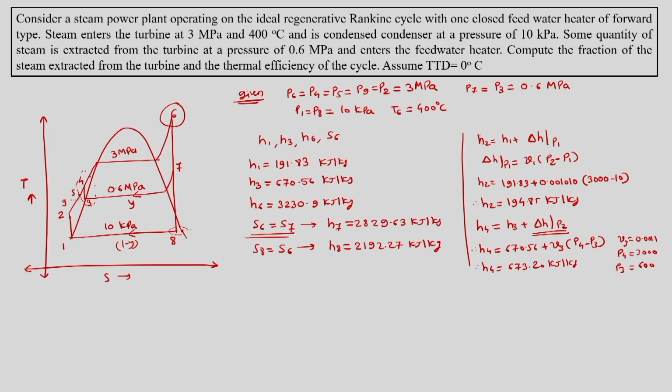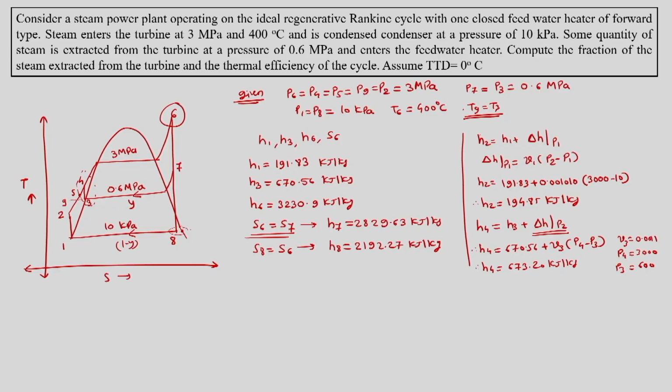Now, we have to find out H9. Here TTD is given to be 0, that means temperature at 9 is equal to temperature at station 3. So, we could as well assume that H9 is equal to H3 if we would like to use the steam table, or we will go to the liquid water table and find out the value of H9.